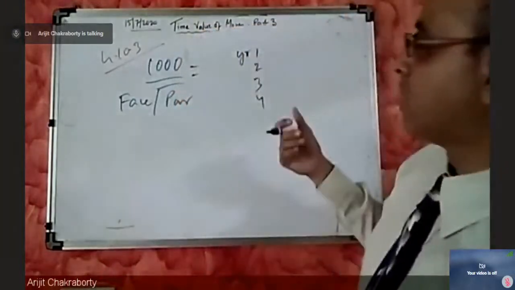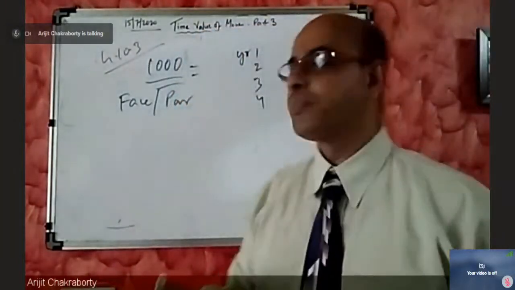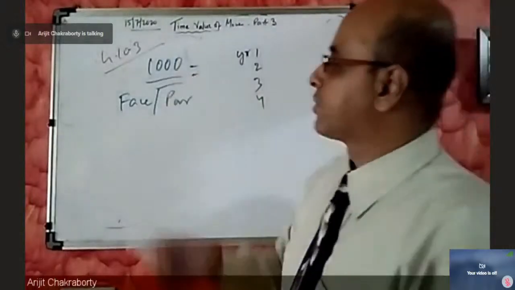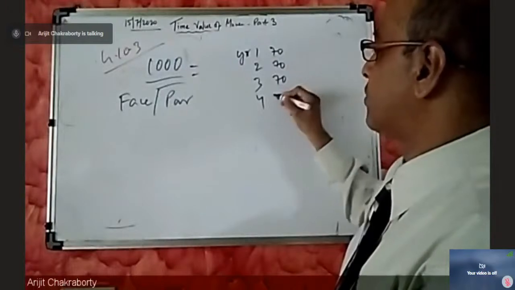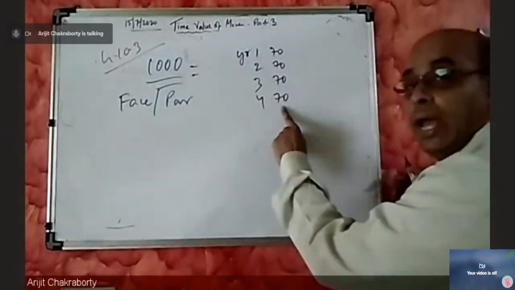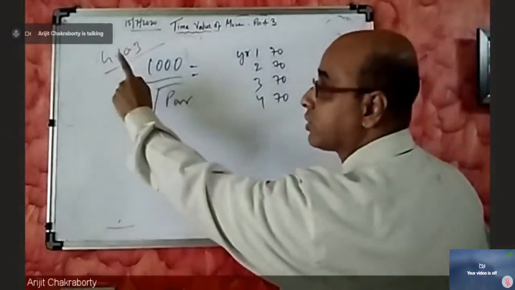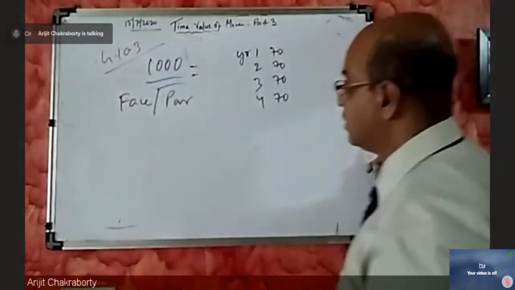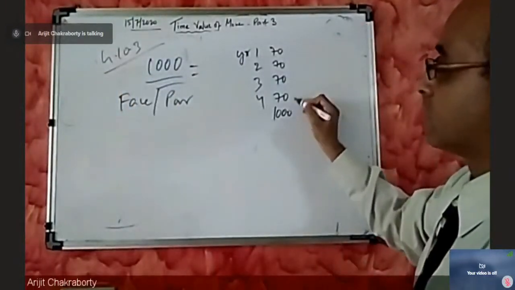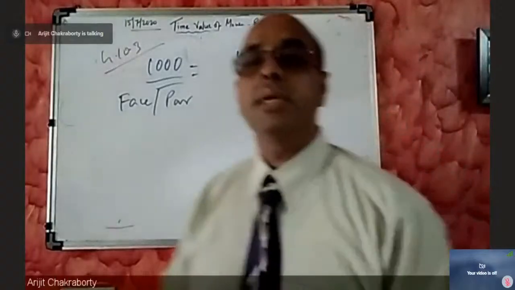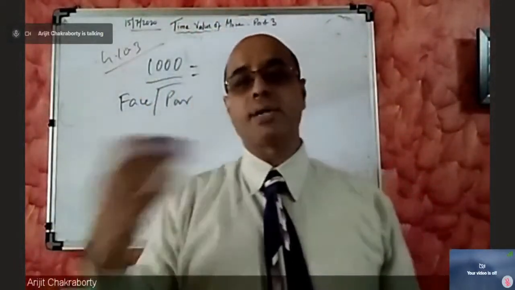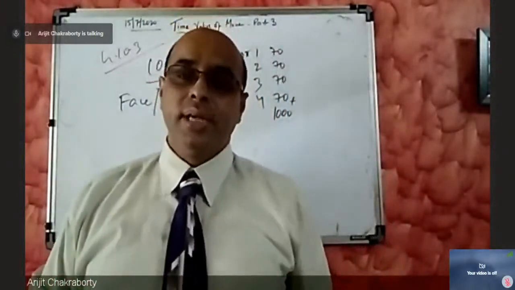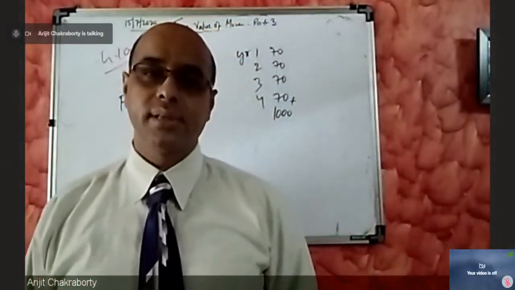A 7% bond, so you get interest of 70 rupees in the first year, 70 in the second, 70 in the third, 70 in the fourth, and in the fourth year you will also get back your 1,000 rupees. Whatever money you have paid, they will give it back to you. In shares, we call it redemption.